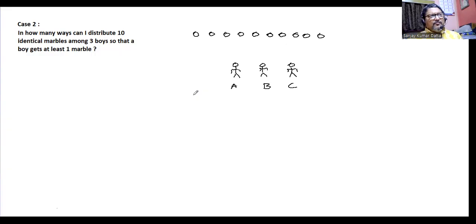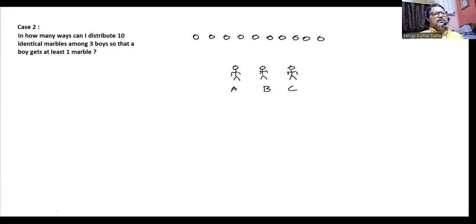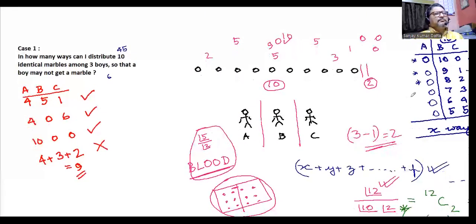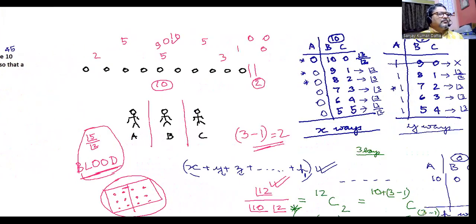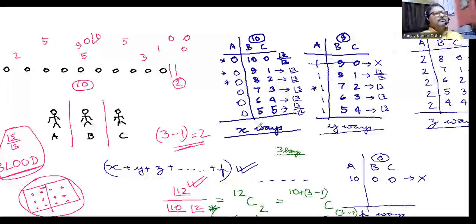Now, for a long cutter, this will be a severe long cut. Because the bluish one was the long cut when a boy could even get 0. Now, when a boy can't get 0, giving anything to 0 will vanish. And even 10, 0 cannot be distributed; 9, 0 not possible.